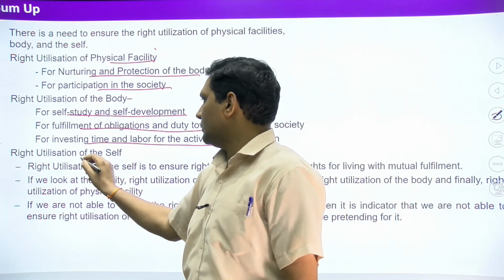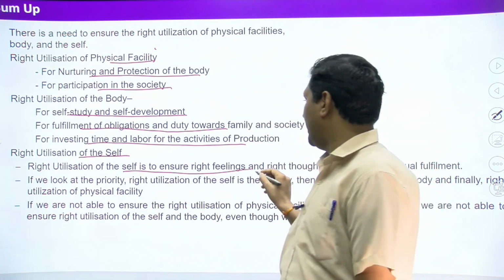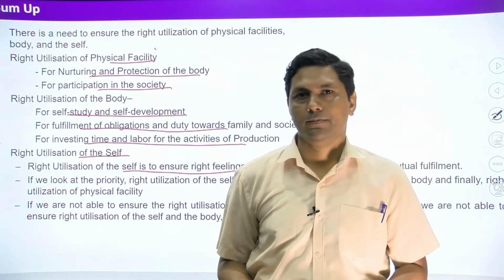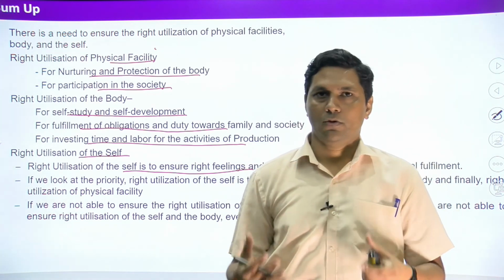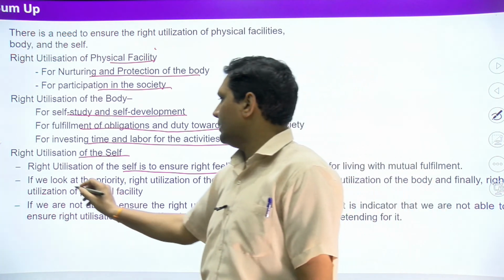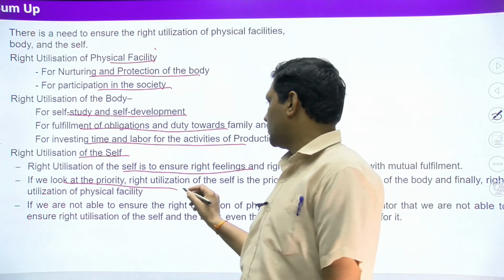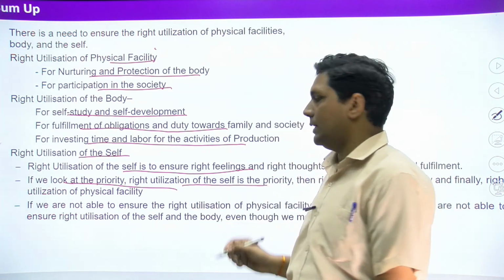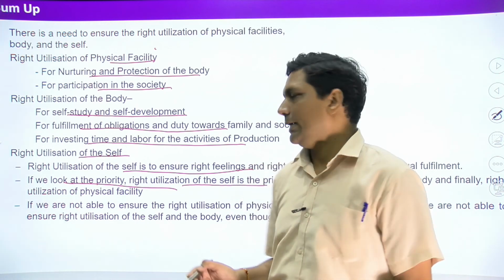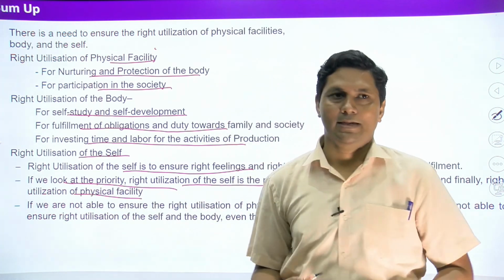Similarly, right utilization of self is to ensure right feelings and right thoughts in the self. We can have this process of self-exploration to find out right feeling and right thought. And we talked about the priority, and we explored that right utilization of the self is at first priority, then right utilization of the body, and then right utilization of physical facilities.